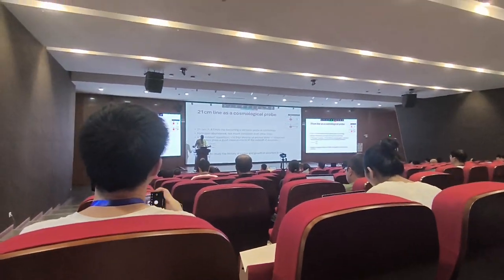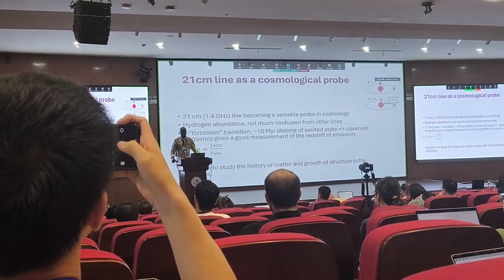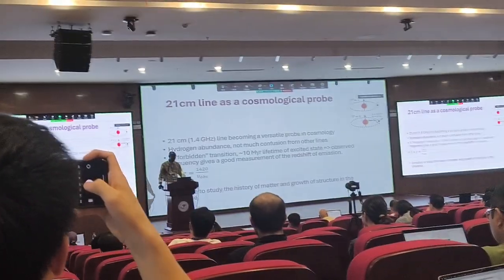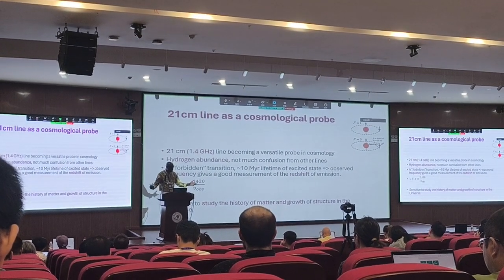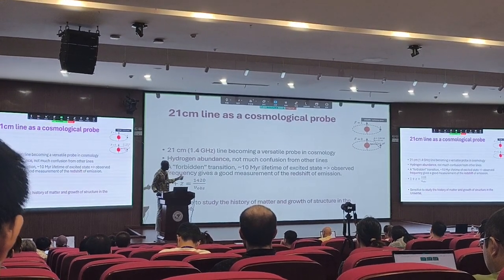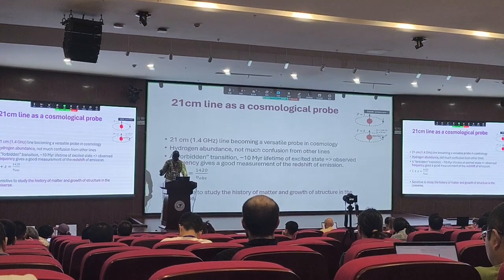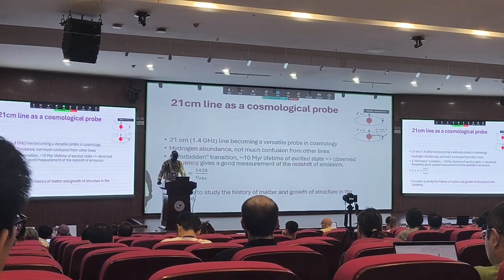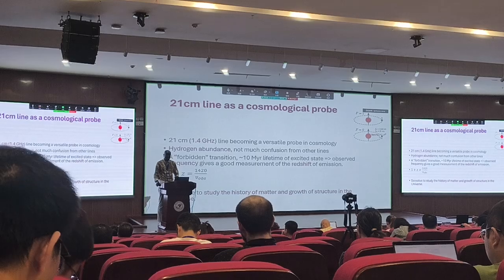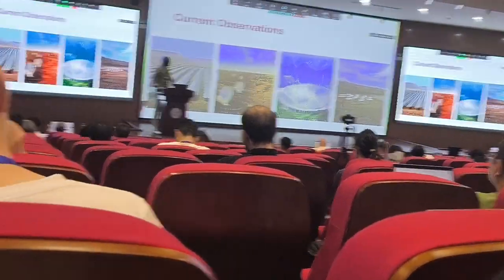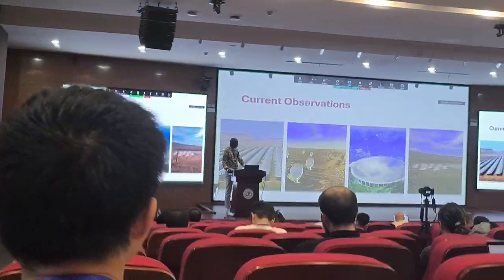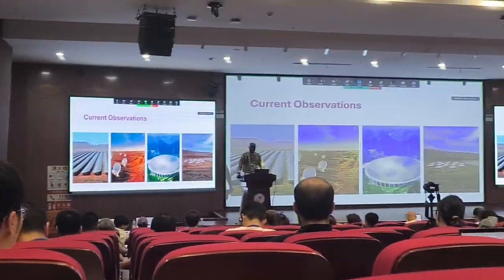The 21 centimeter line is becoming a powerful probe of cosmology, reionization and the interstellar medium. Because hydrogen is an atom, it's distinguishable from other emission lines, and the observed frequency gives us a good measurement of the redshift of emission. A number of observations are ongoing to help us gain more information about the ancient universe.